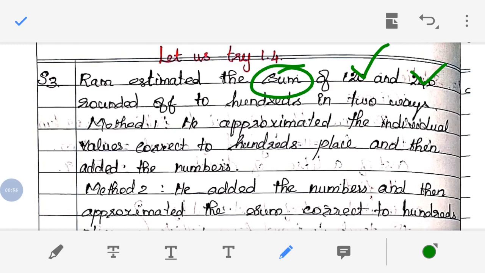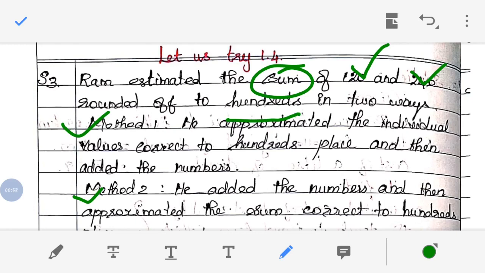Then he rounded off to the hundreds place, but he did it in 2 ways, method 1 and method 2. In method 1 he approximated the individual values correct to hundreds place and then added the numbers. So in method 1, first he did the estimation and then he added the results which he got from the estimation.